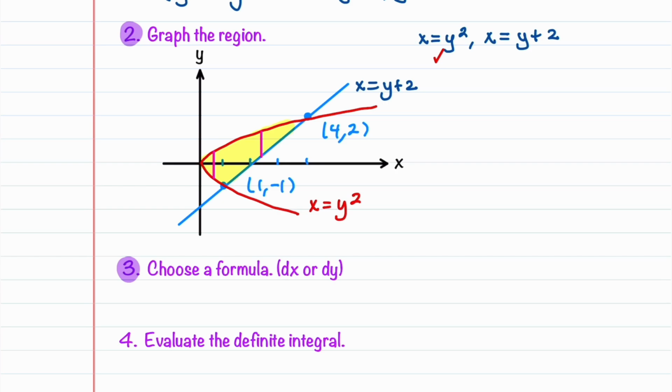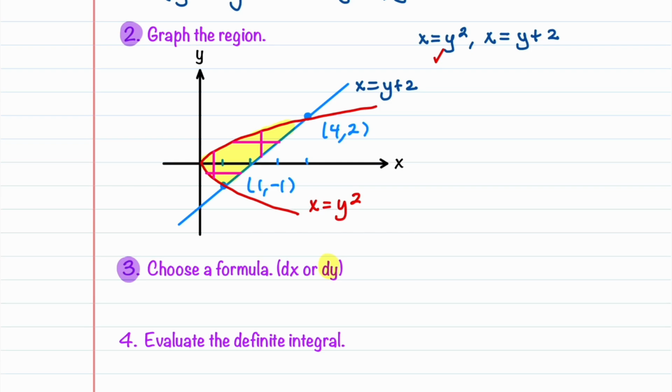So that tells us we don't want to integrate with respect to x. Let's now see if we have one curve on the right and one curve on the left. If we draw some horizontal lines, you can see that we have one curve on the right and one curve on the left. So we want to integrate with respect to y.